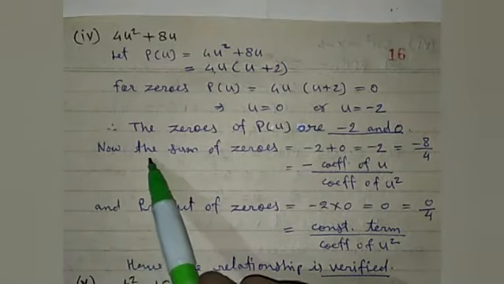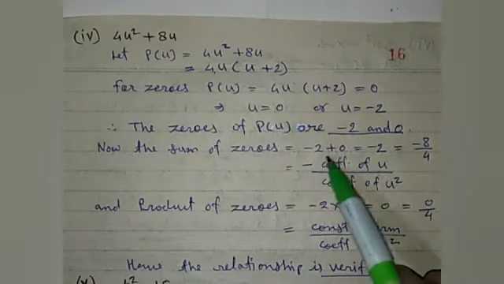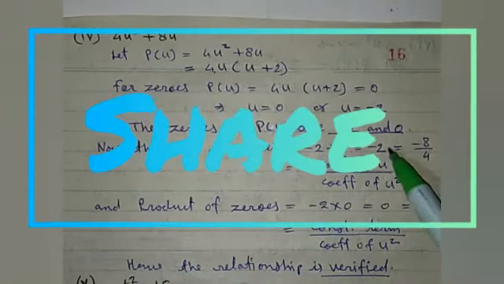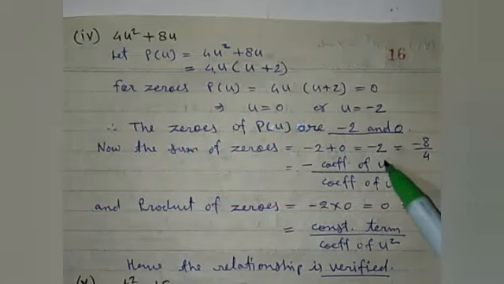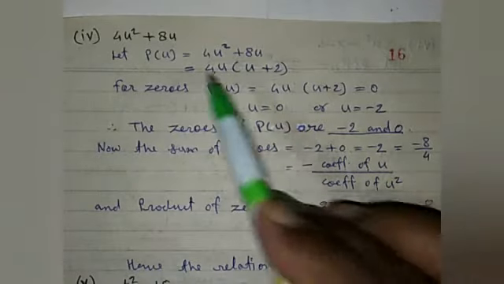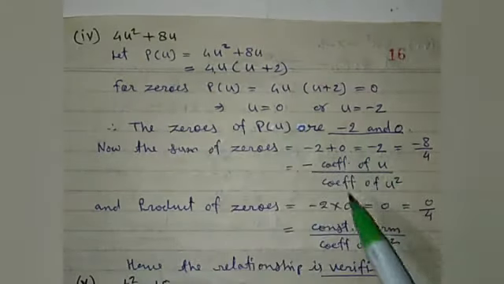Now for verification, the sum of zeros equals minus 2 plus 0, that is equal to minus 2, and in terms of coefficients you have to arrange it by multiplying numerator and denominator by 4. So you will get minus 8 upon 4. Here minus 8 is the coefficient of u.